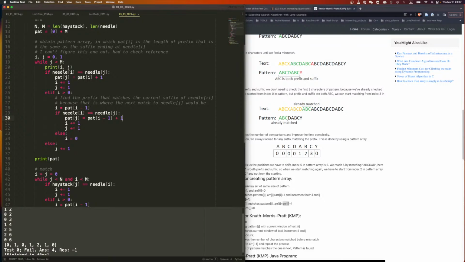That's not right. That is not right, man. What if I is 0? It has to be pattern I, but I just cannot wrap this around my head. Why is pattern I? Because I is the thing that's making the comparison now, right?